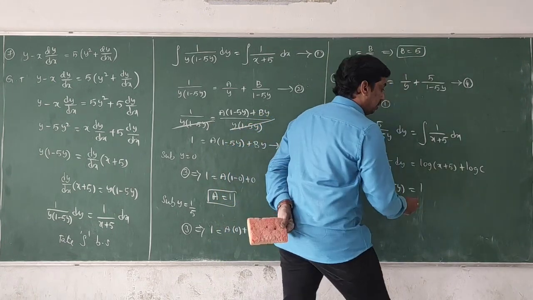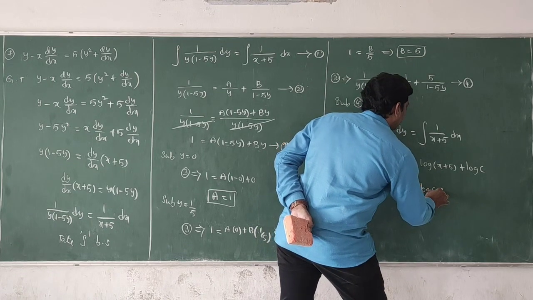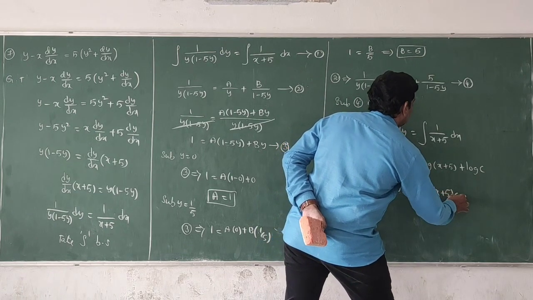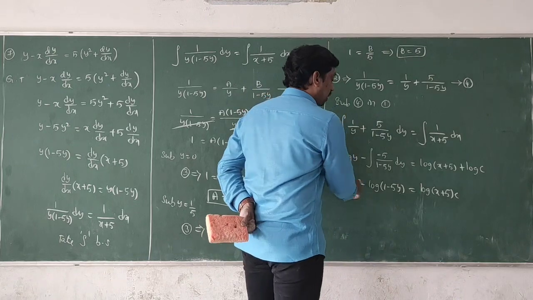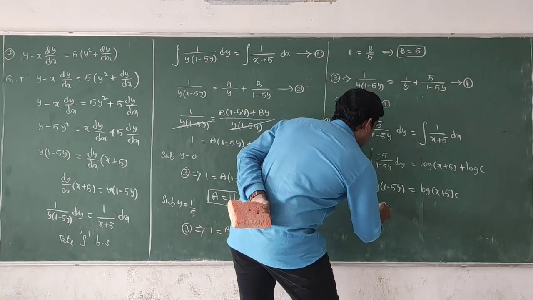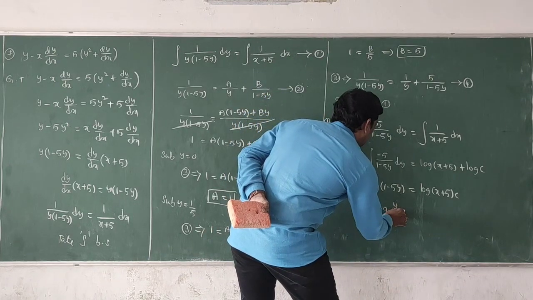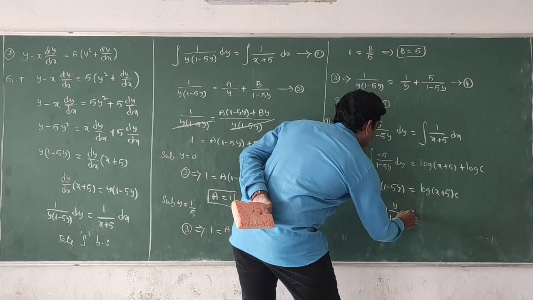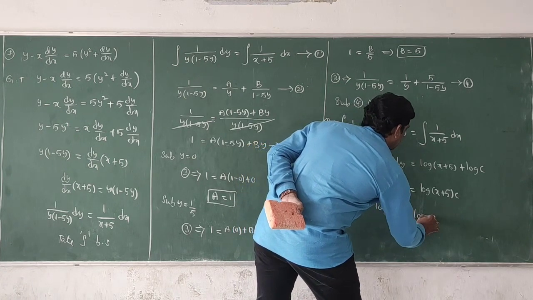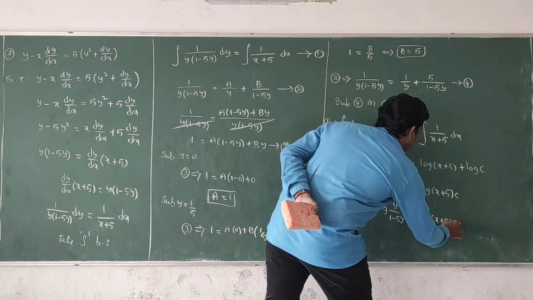Log a minus log b is log a by b, so log of y by (1 minus 5y) equal to log of c into (x plus 5).